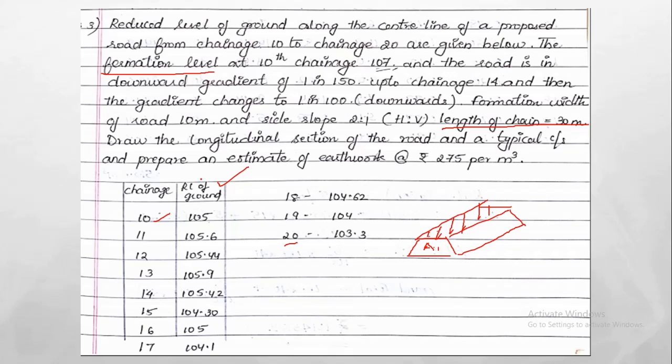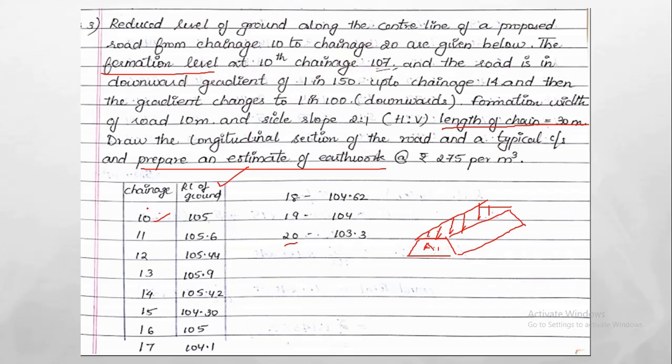So actually we have to calculate the estimate of earthwork at rupees 275. We need to calculate the earthwork. So for that, I hope you understood what chainage means, reduced level of ground, and also in the question it's given the formation level at 10th chainage is 107.